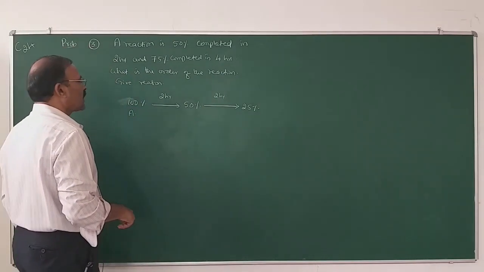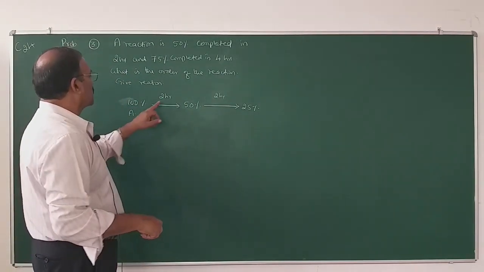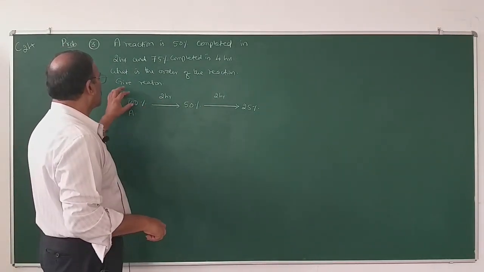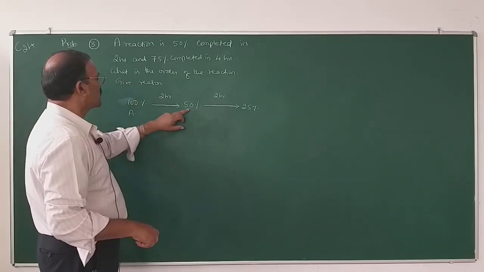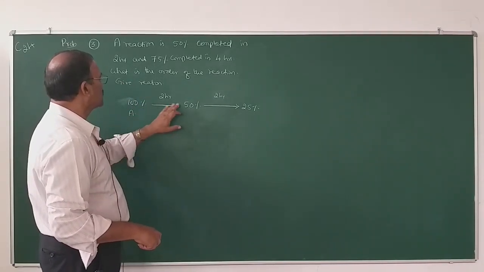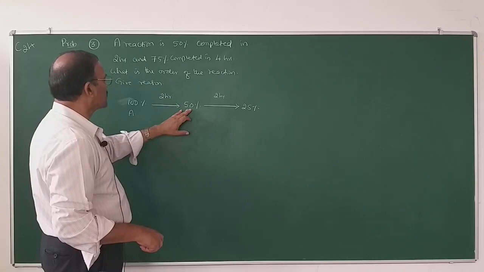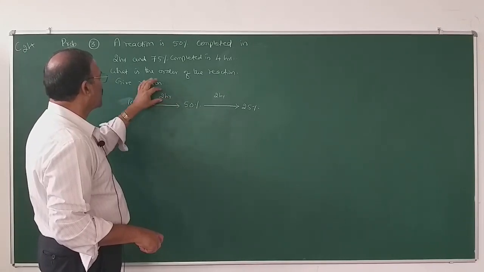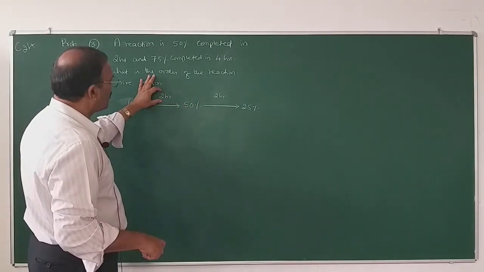So, here what happened? The half-life period: 100% is converted to 50%. This is the time required for 50% of the reaction to be completed, and this is the half-life period.